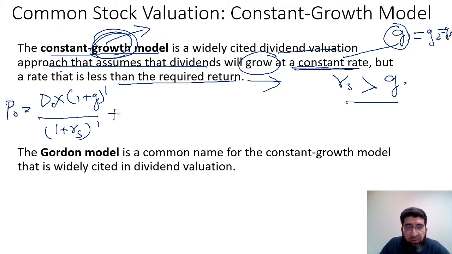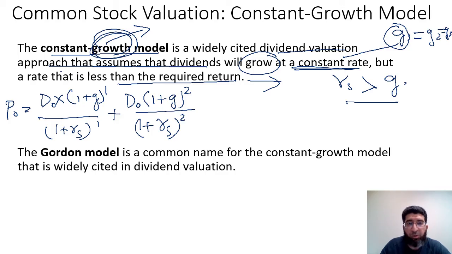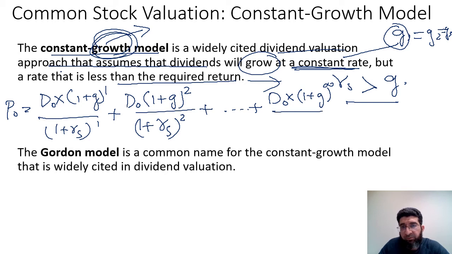So we will have to add the next term, which is D naught 1 plus G2 divided by 1 plus RS 2. And in this case, we can build on to D naught multiplied by 1 plus G infinity divided by 1 plus RS, and that is also infinity.